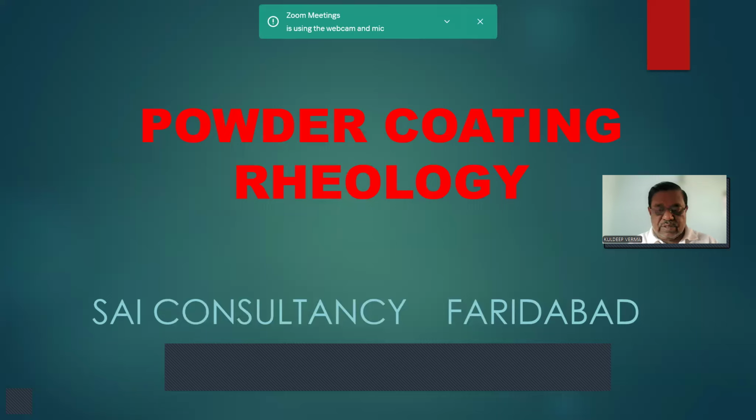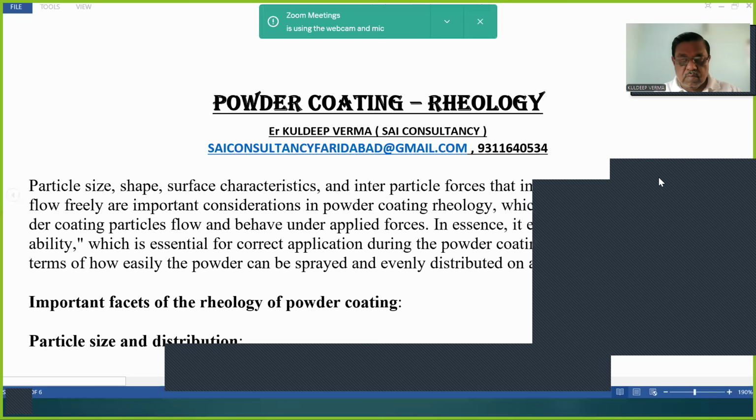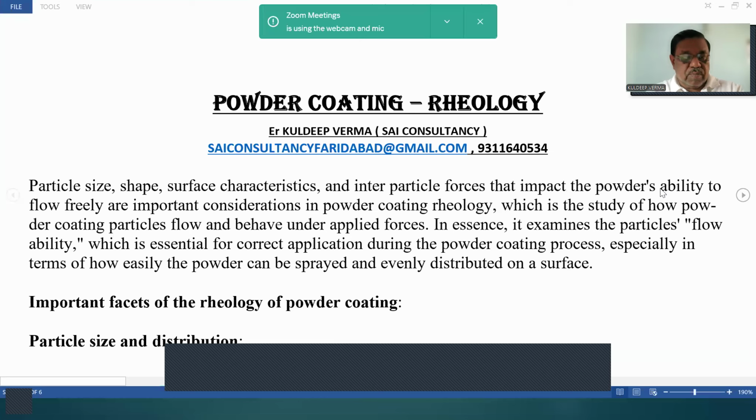So I will start. The particle size, shape, surface characteristics, and interparticle forces that impact the powder's ability to flow freely are important considerations in powder coating rheology, which is the study of how powder coating particles flow and behave under applied forces.